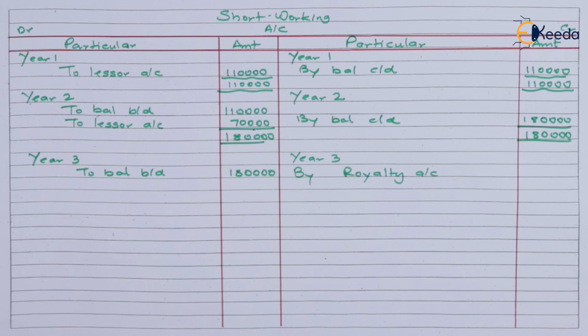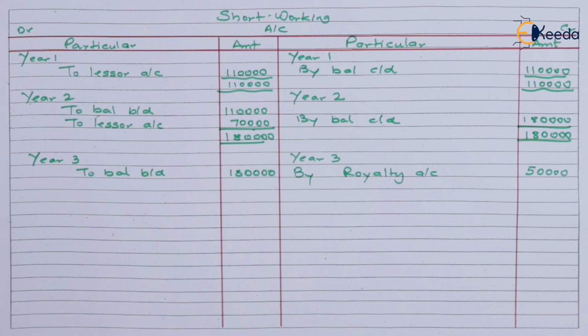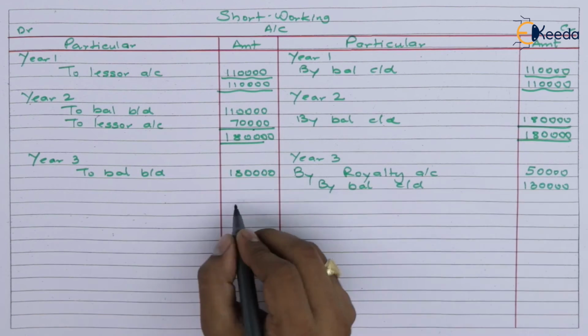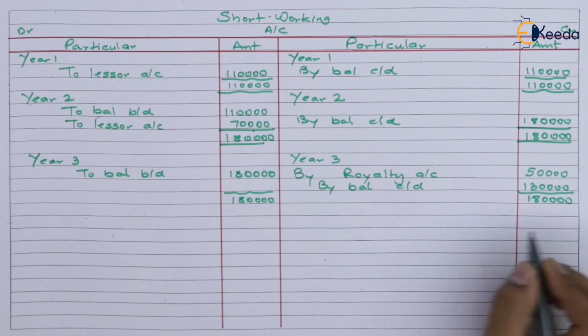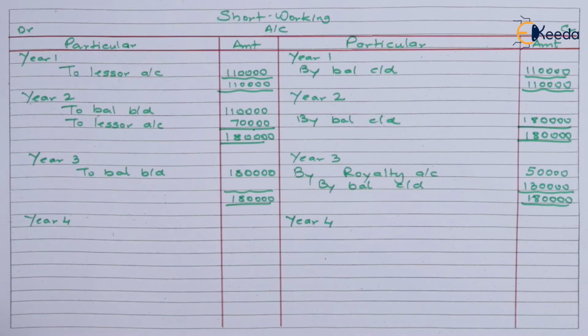Now, this royalty will be the first amount, that is 50,000 additional that came in. As you can see in the account, again, the debit side is higher, but the credit side will have a lower balance now. So that 1,30,000 balance has been taken forward in year 4 now.